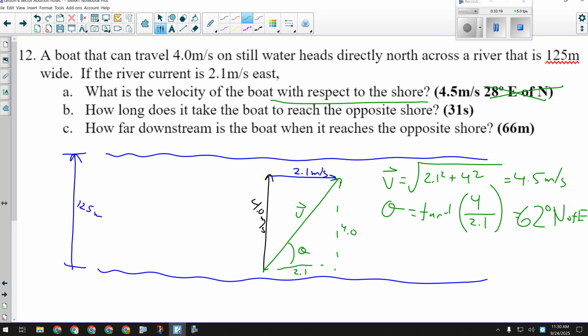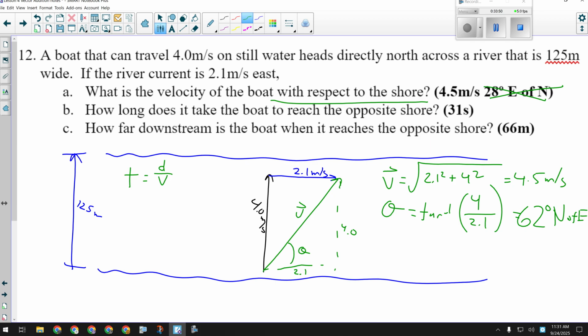For B, how long does it take the boat to reach the opposite shore? Well, to get that number, I have to use numbers that point the same direction. If I'm going to find a time, I need to use a d and a v that go the same way. I cannot use this number here that I just calculated, because that doesn't point across the river.